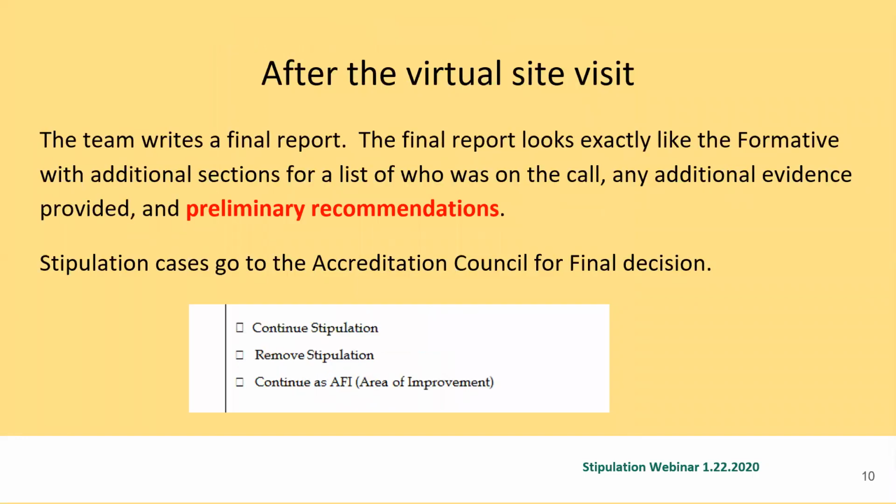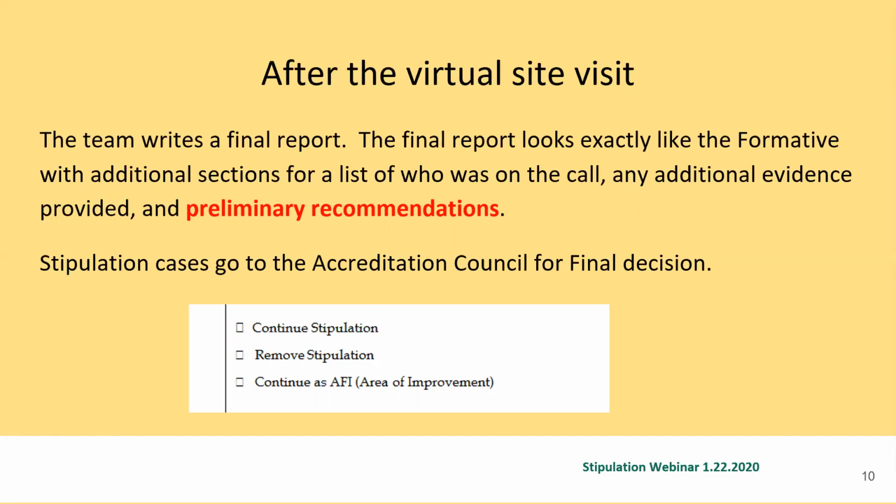So the team writes their final report, and the difference between the final report and the formative report basically is an addition of 1 section. They may edit the narrative a little bit. They might clarify some of the evidences and move them from inconsistent to consistent, for example. And they're also adding a section on who was on the phone call.